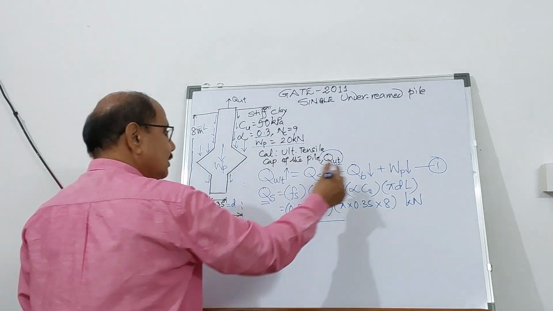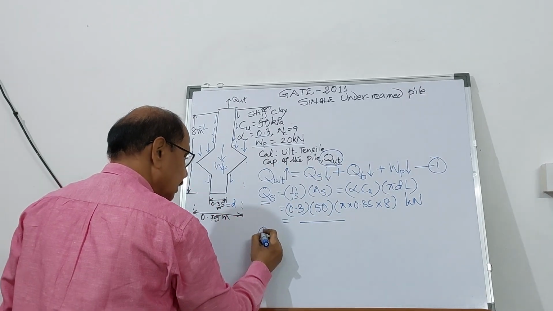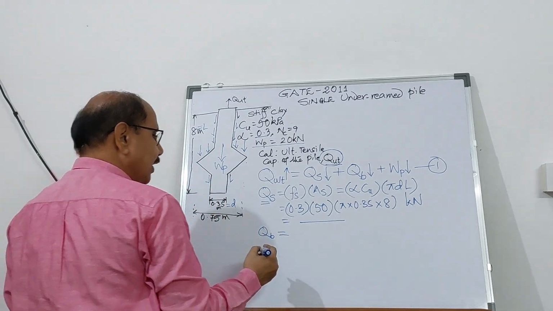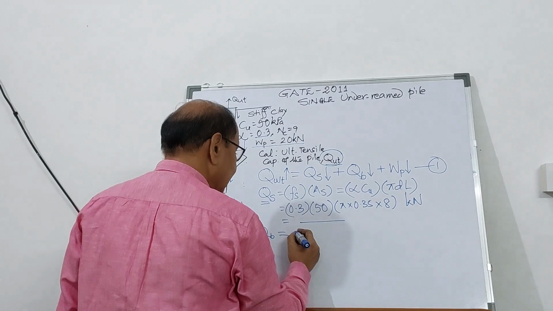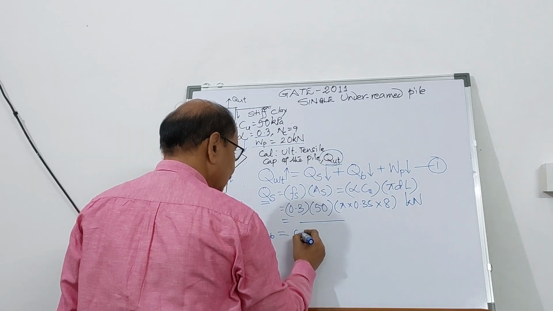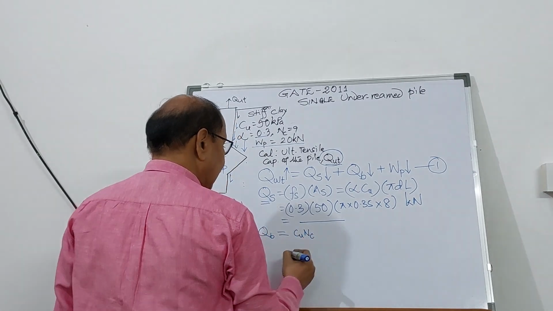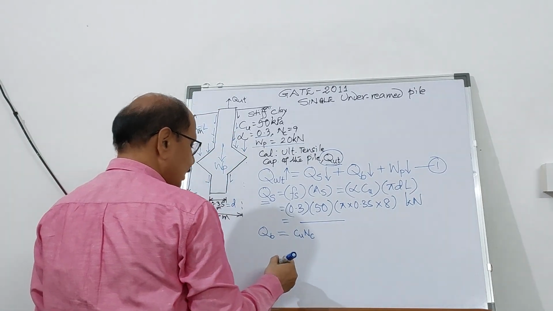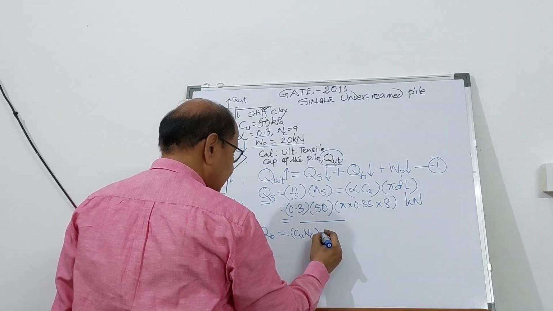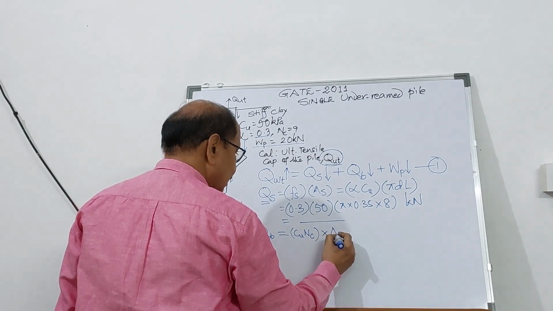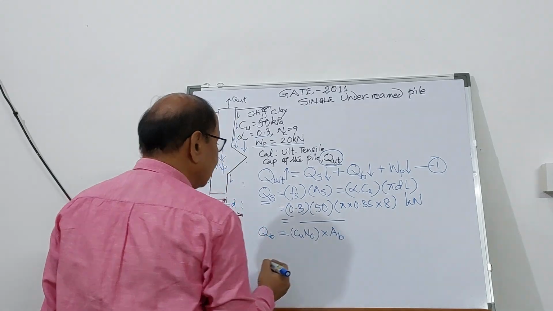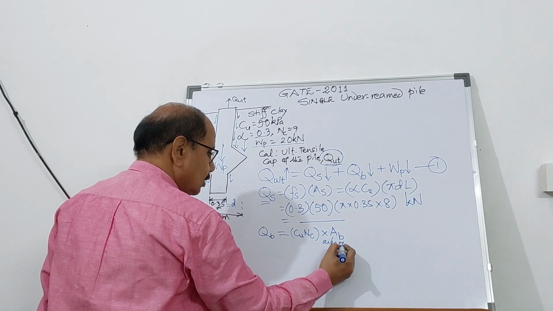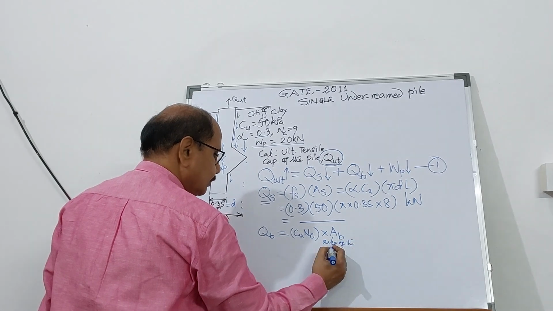And the next term is QB. So QB, here the resistance is being offered. It will be Cu Nc, the resistance being offered in the downward direction, and it is acting over the area of the bulb, where AB is called the area of the bulb.